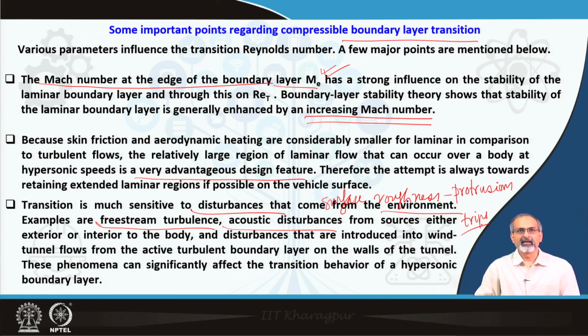So, that is important for model testing in the wind tunnel flows. The phenomena can significantly affect transition behavior of a hypersonic boundary layer. That means transition onset will be expedited if you disturb the flow significantly. That reduces the RET value for a given problem.